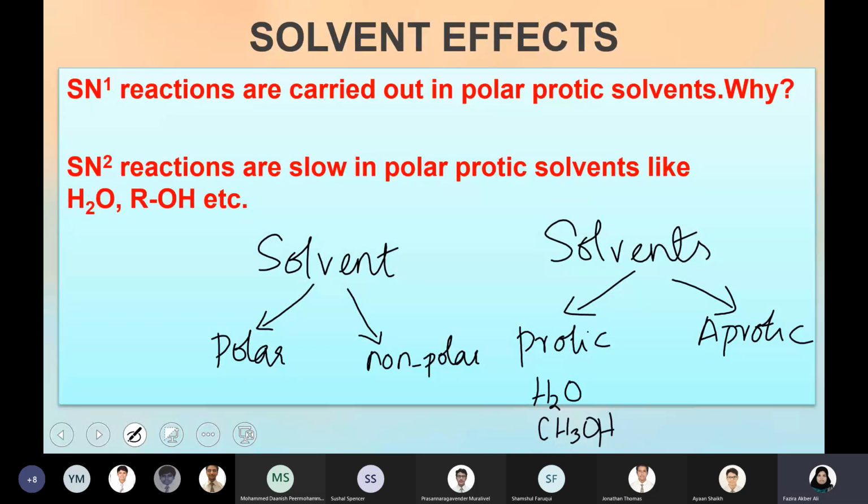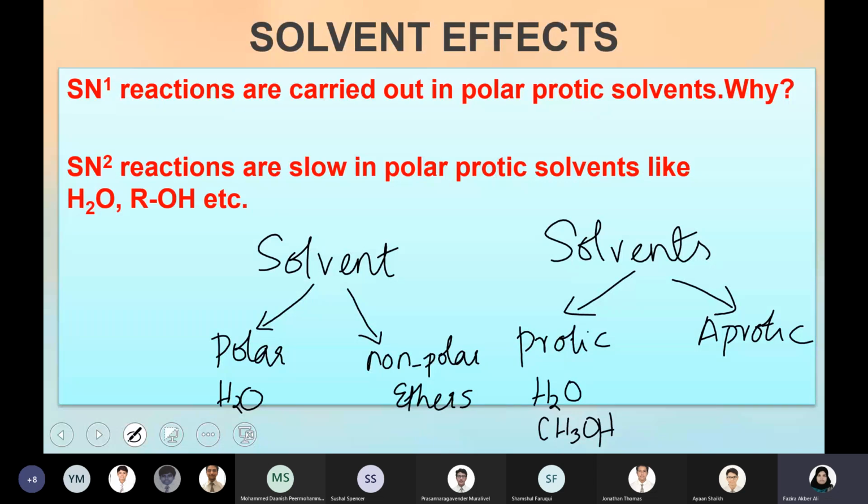Polar bonds mean, like in the case of H2O, hydrogen and oxygen have a difference in electronegativity, alcohol, etc. Non-polar solvents mean, like in the case of ethers, where the bonds are equivalent, like carbon-carbon bonds or carbon-hydrogen bonds. So they are equivalent bonds, so there is no charge separation.